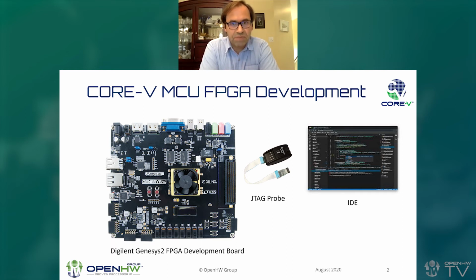The environment is based around the Digilent Genesys2 Kintex 7 FPGA development kit, which features a Xilinx Kintex 7 FPGA with sufficient resources to support both the 32-bit and 64-bit Core-5 cores and platforms.